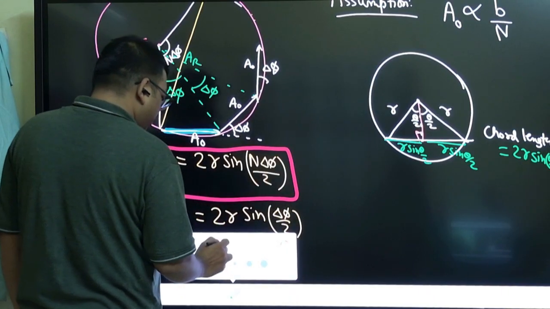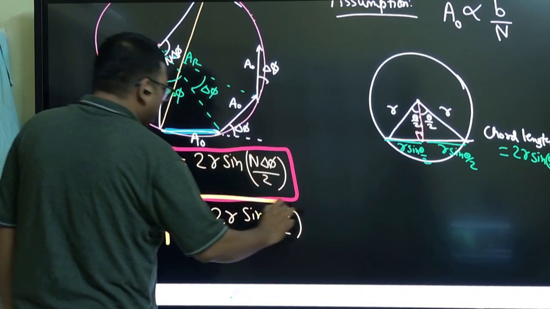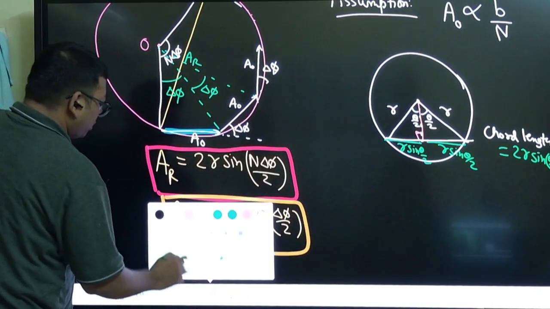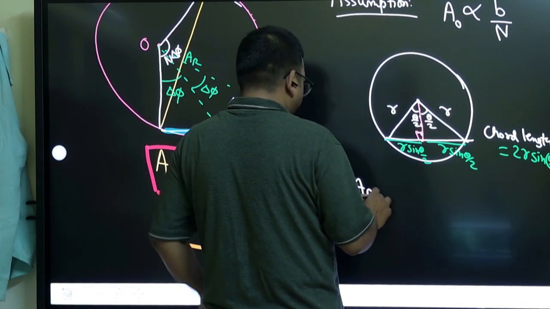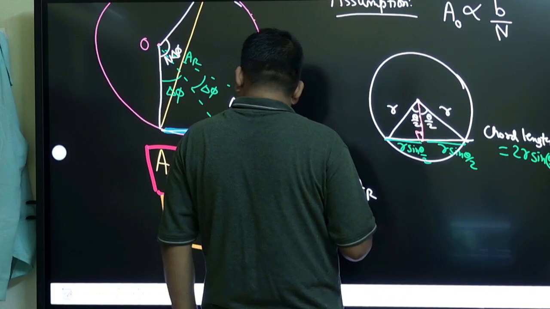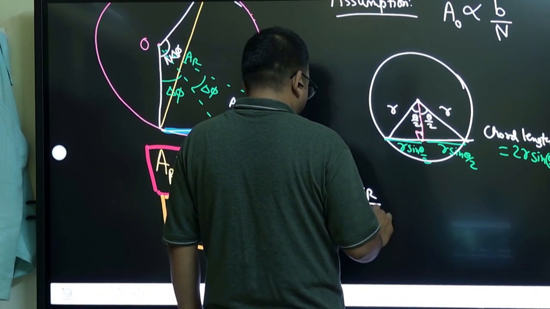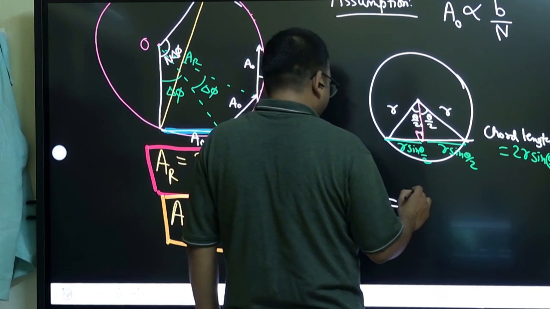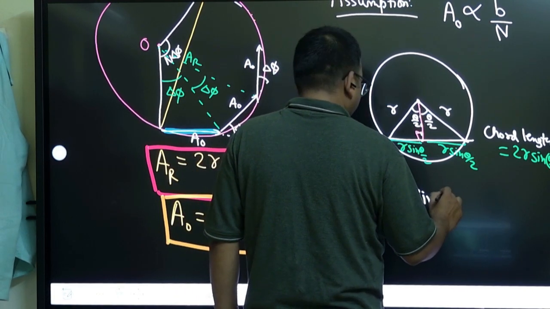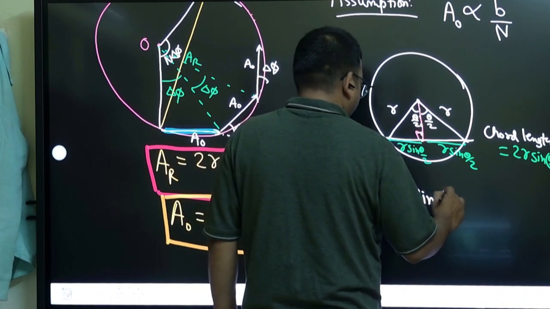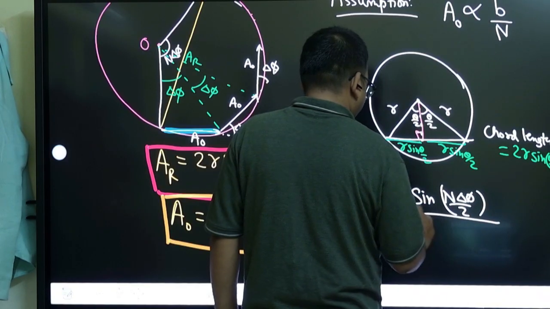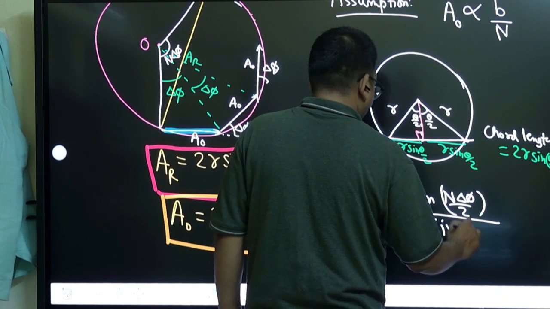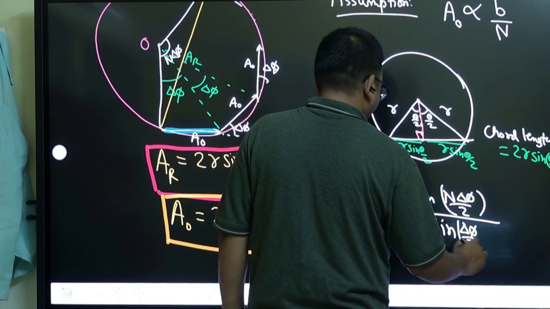It's a very important equation. Then let us now divide these two. Let us divide these two. So, AR by A naught. If I divide, 2r will get cancelled. So, sine of n delta phi by 2 divided by sine of delta phi by 2.